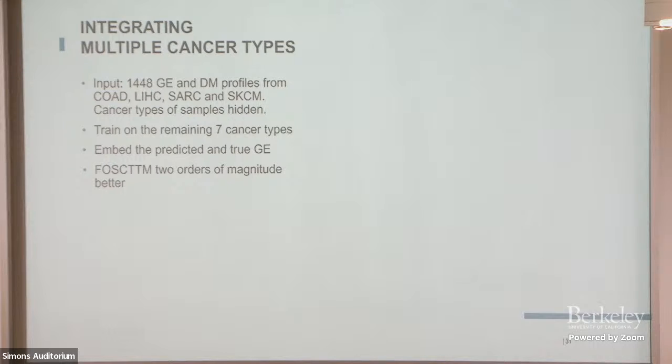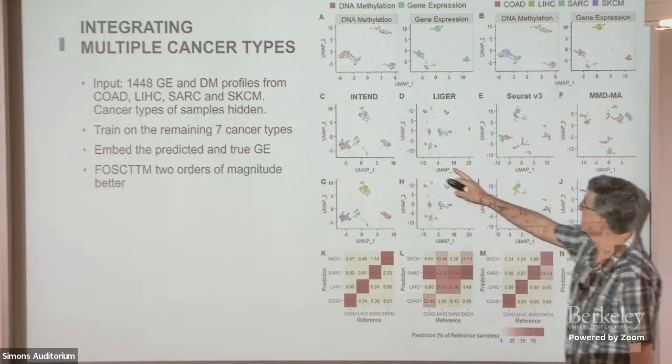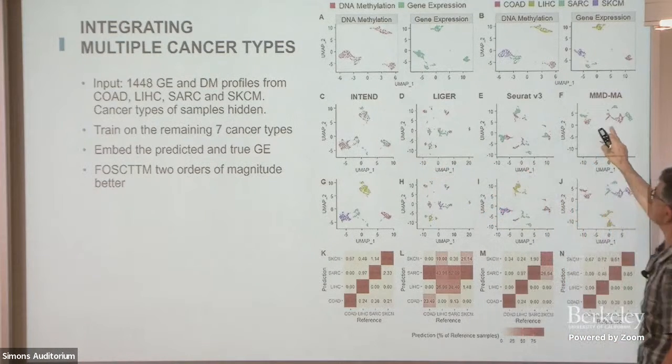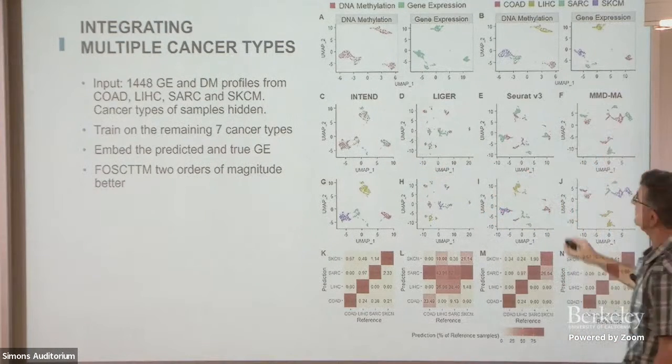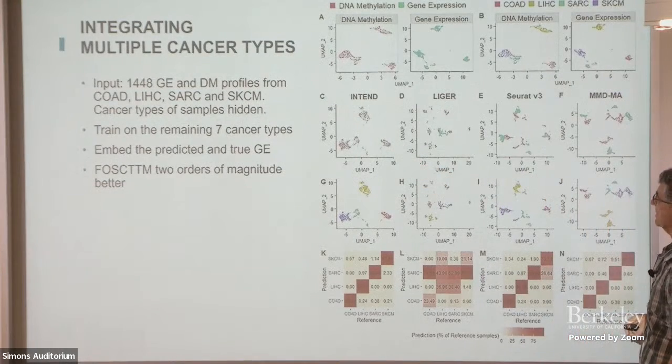But here, since we have several cancer types, we don't only want to see mixture and closeness, but we also want to see if the methods separate between the omics, between the cancer types. So here is the mixing result, similar to what we have seen before. Again, INTENT is substantially better.